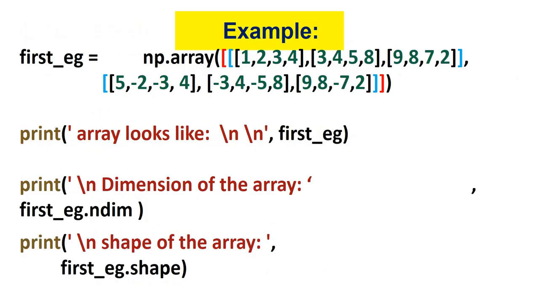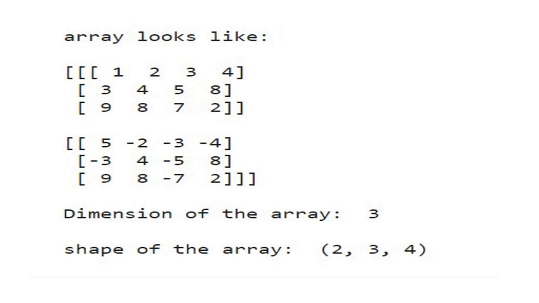For example, let's take an example. You are having some numbers 1, 2, 3, 4, 3, 4, 5, 8, and so on. If you print it out, you can see how the array looks. In this particular array, you can see that you have a group of 1, 2, 3, 4, 5, 6 such groups, and the array can be represented like this.